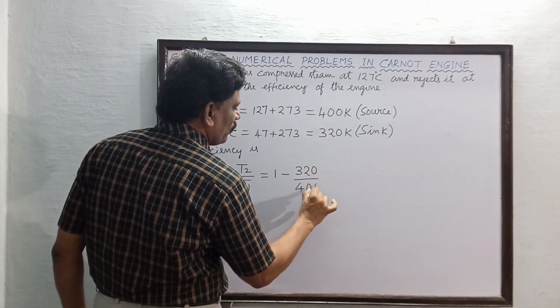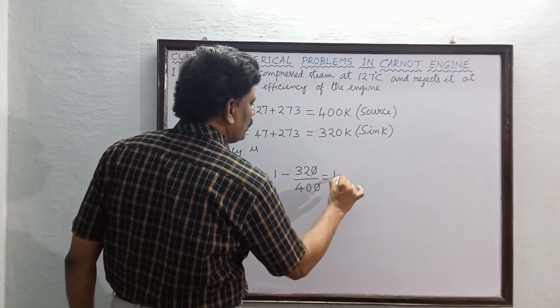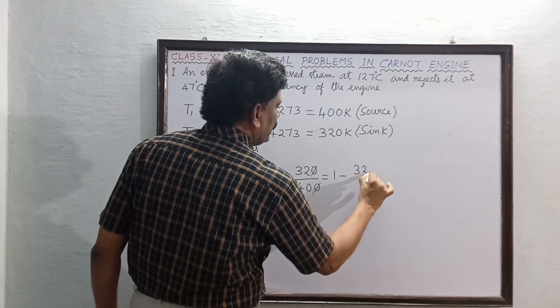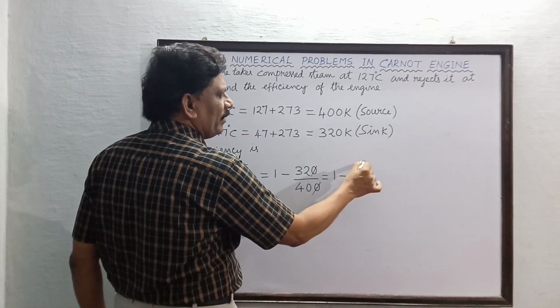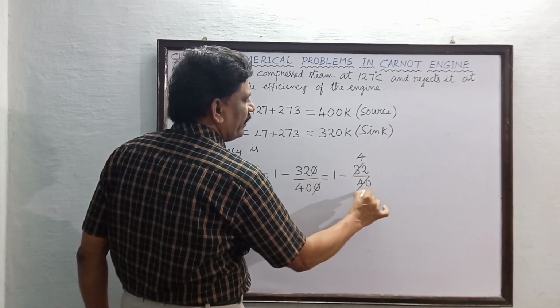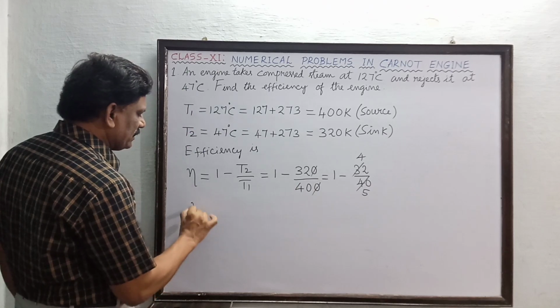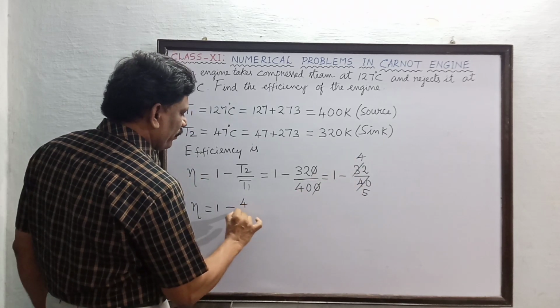So 0 and 0 first we will cancel. So this is equal to 1 minus 32 divided by 40. Both are divisible by 8. 8 4s are 32, 8 5s are 40. So eta is now equal to 1 minus 4 by 5.